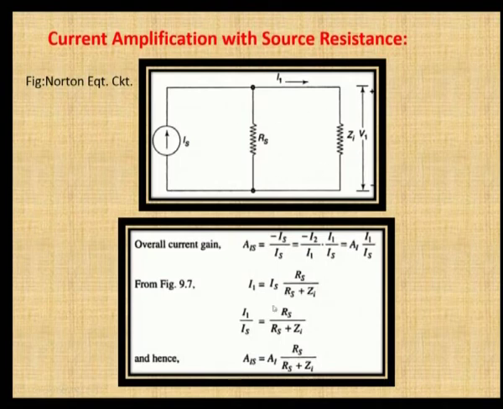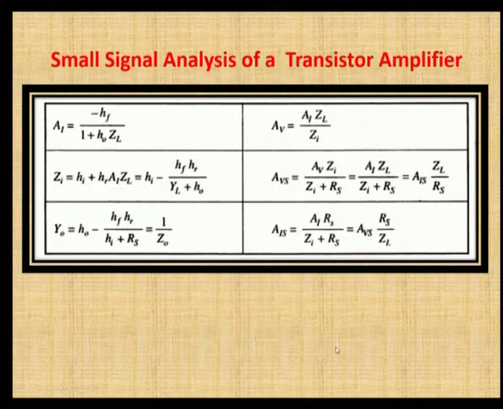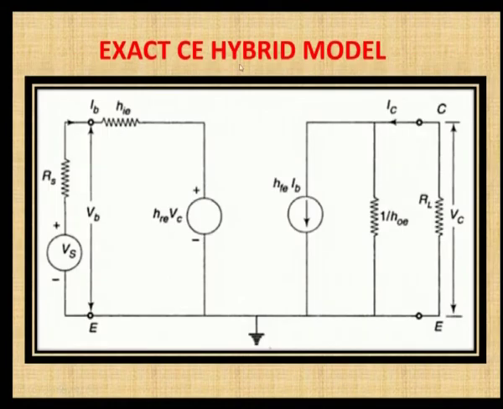So, after substituting the values of I1 in the overall current gain, you will be getting AI into Rs by Rs plus Zi, and these are the formulas we have derived from the hybrid equivalent circuit of the general transistor model, and this is the exact common emitter hybrid model.